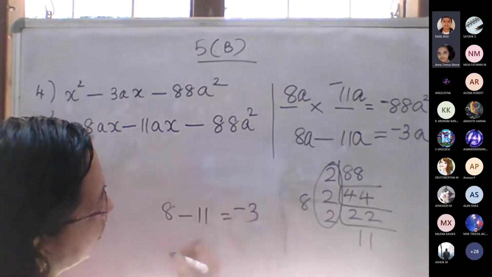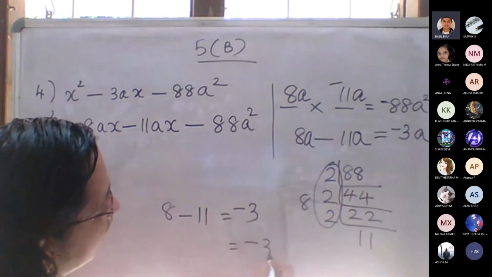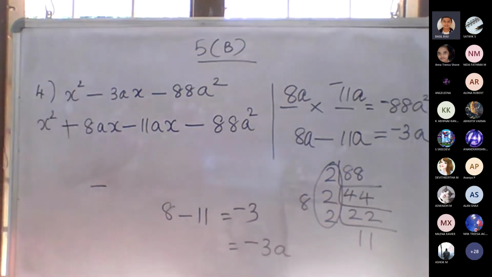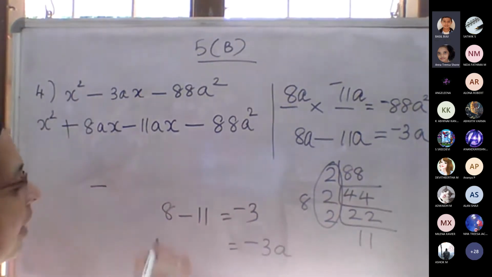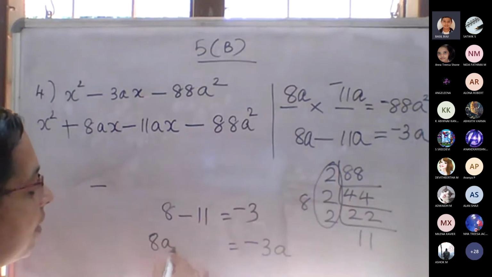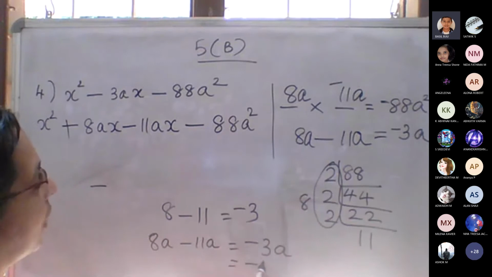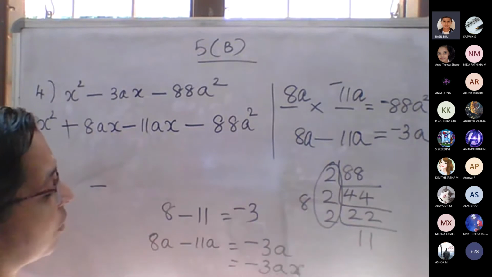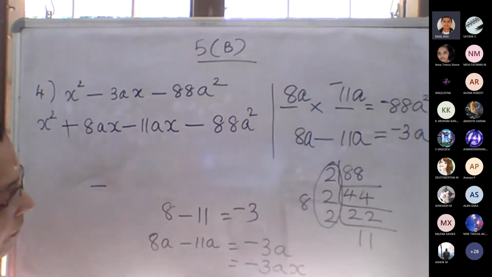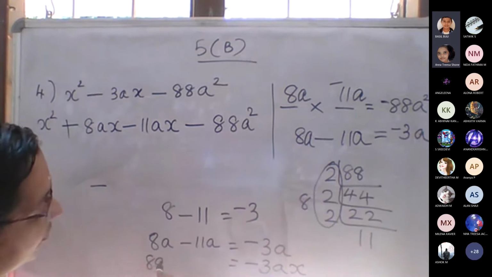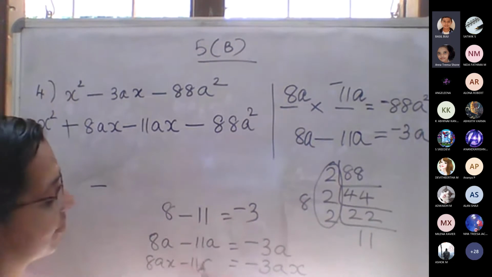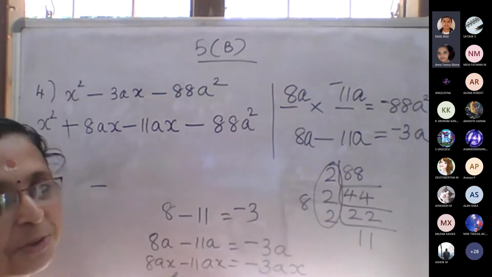Negative 3. If we want to get negative 3ax, what do we have to do? 8ax minus 11ax.